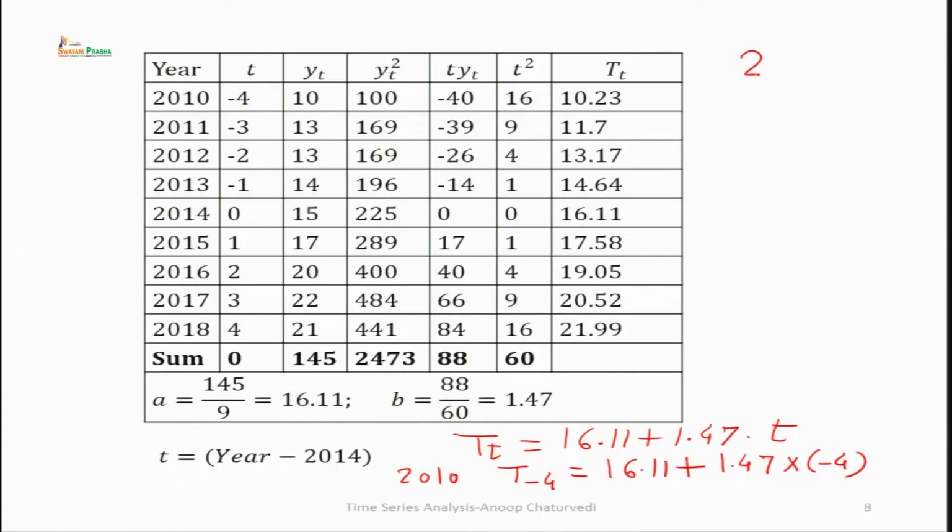Suppose you have to estimate the trend value corresponding to 2019. Now, since you have used this transformation t equal to year minus 2014, what is the value of t? 2019 minus 2014, which is equal to 5.